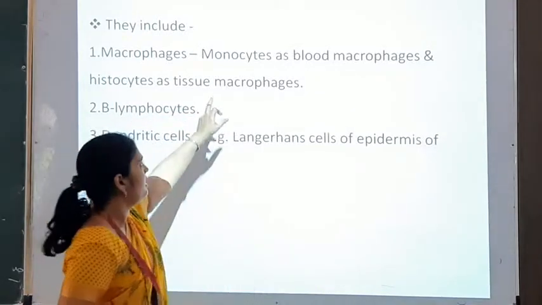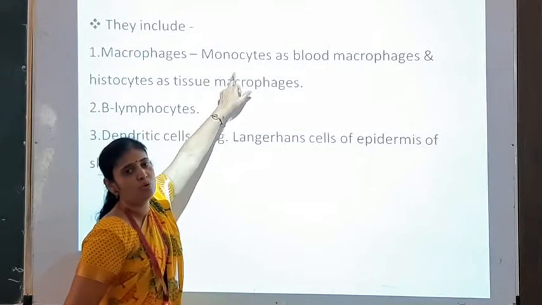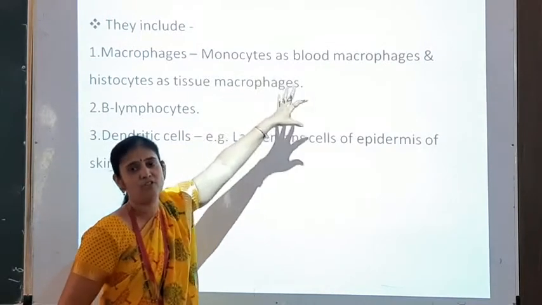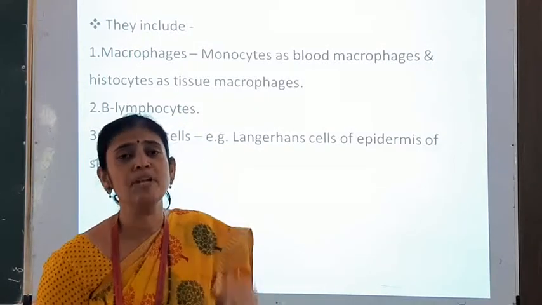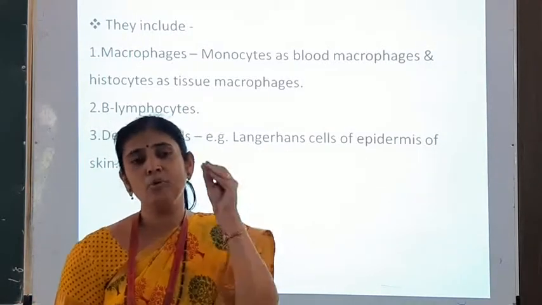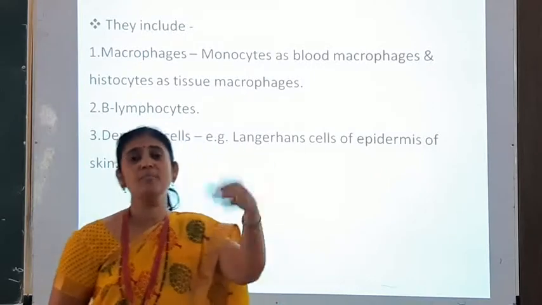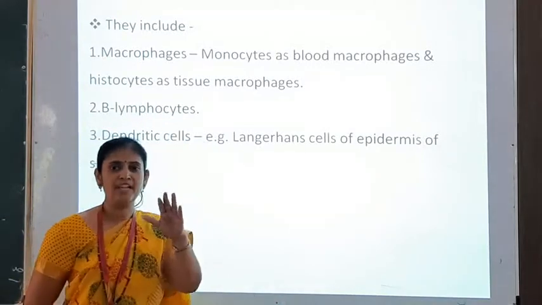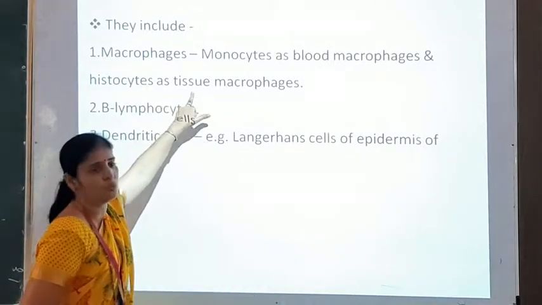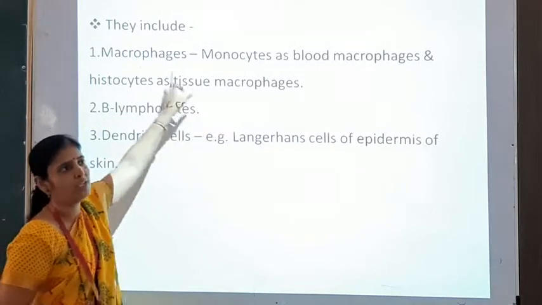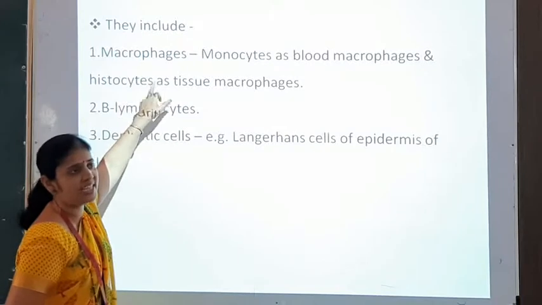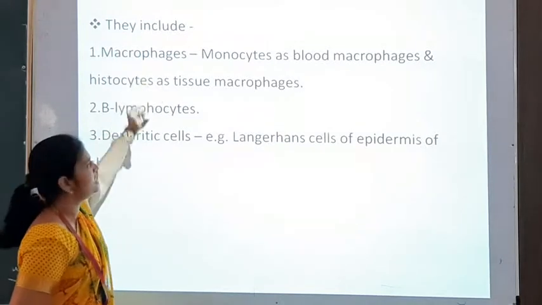In blood, the monocytes act as a blood macrophage, and if the pathogens come inside the tissue, then histiocytes act as a macrophage. So the first antigen presenting cell is the macrophage.